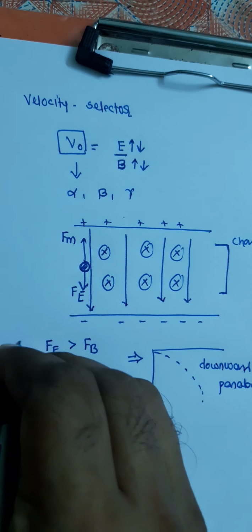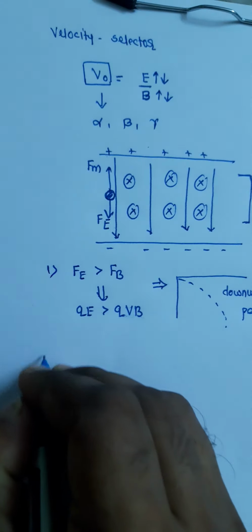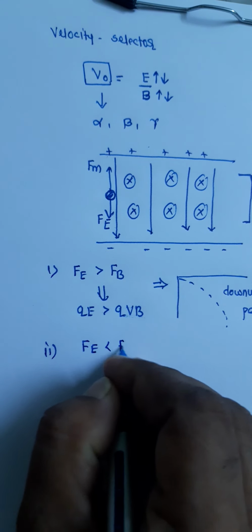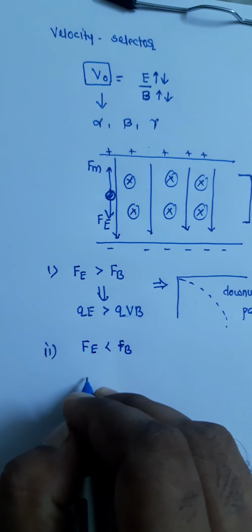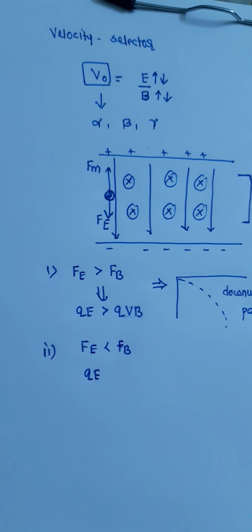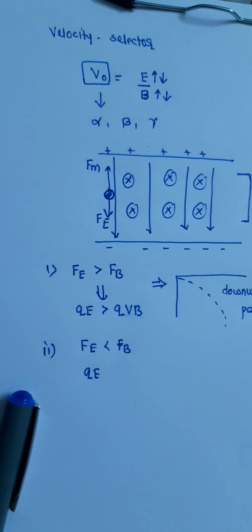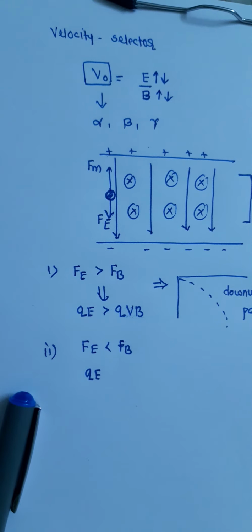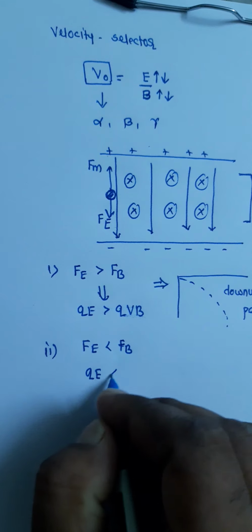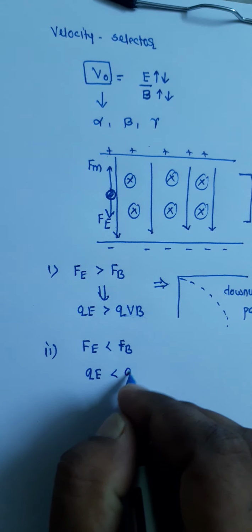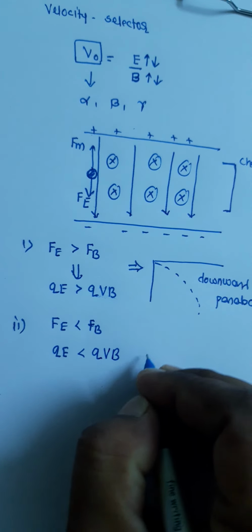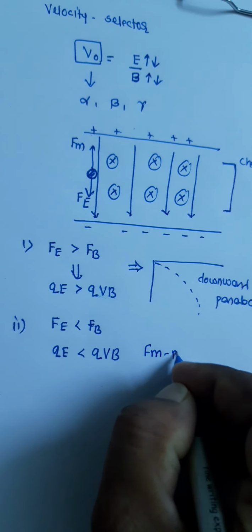Similarly, we have seen the second case, when Fe is less than Fb. In this case, QE will be less than QVB, so the magnetic force dominates.